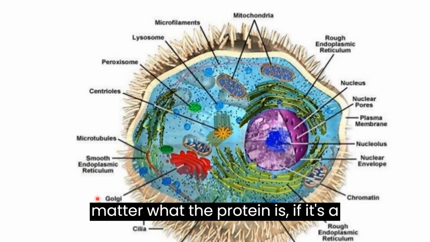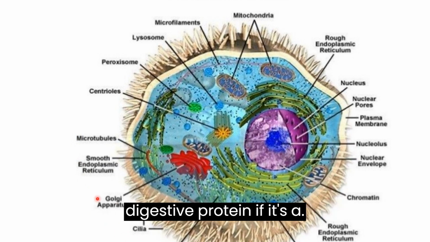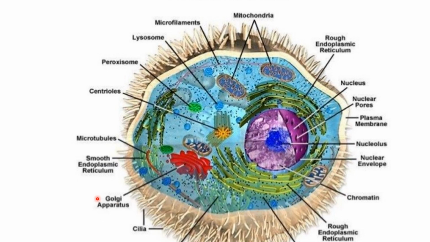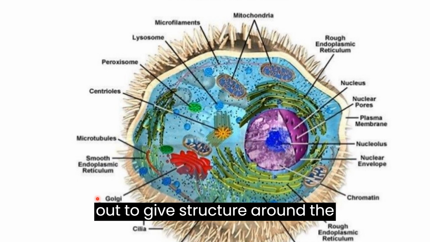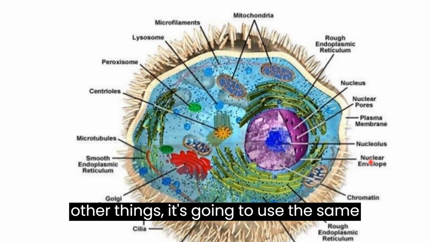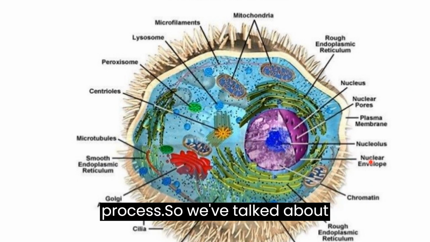It doesn't matter what the protein is, if it's a digestive protein, if it's a protein that is going to be laid out to give structure around the cell, or if it's a protein that's going to be a messenger protein to send out to other things. It's going to use the same process.